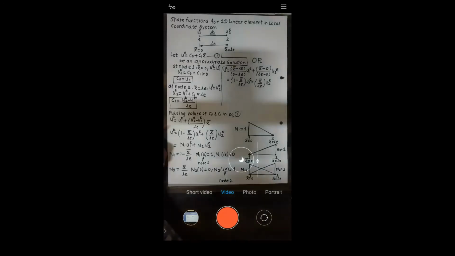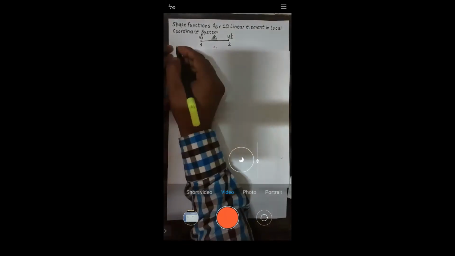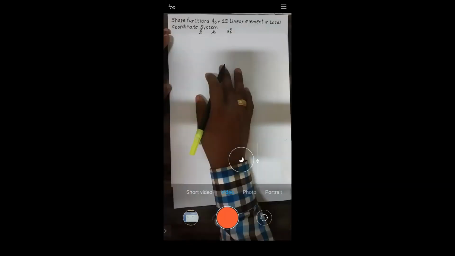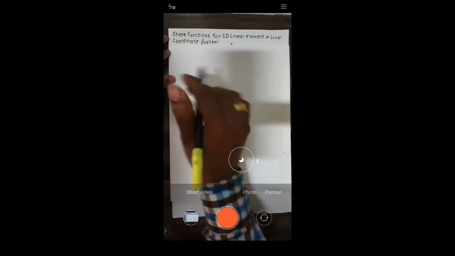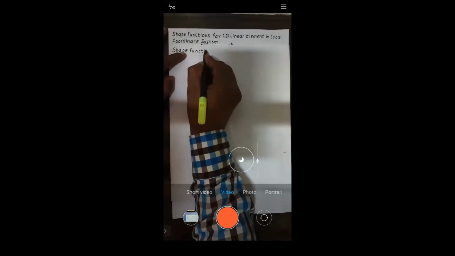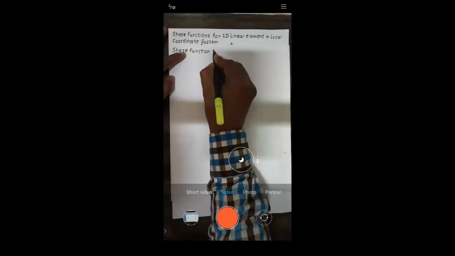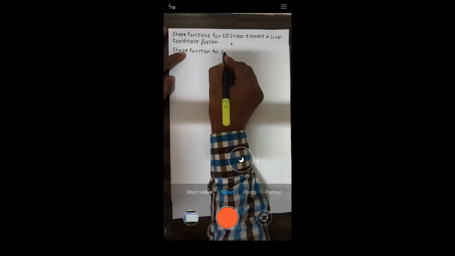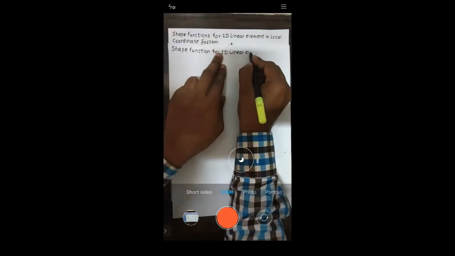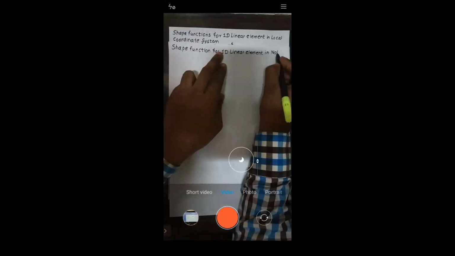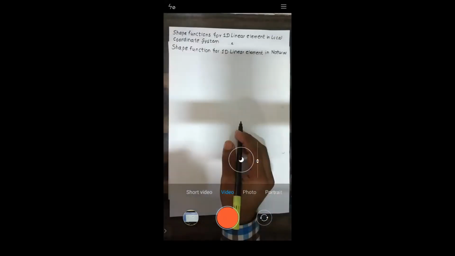Similarly, we have to derive the shape function. I will write down the same, only I will just change. So what I'm writing here: shape functions for again a 1D linear element in natural coordinate system.